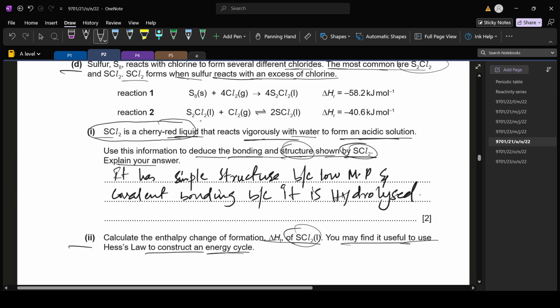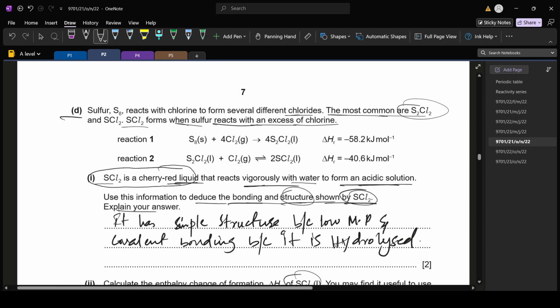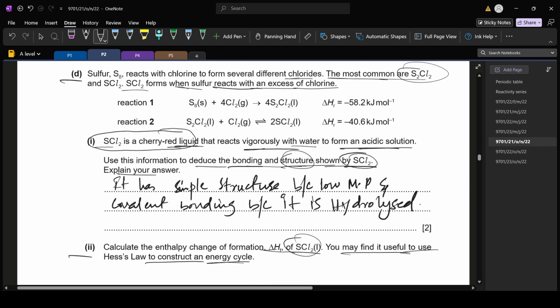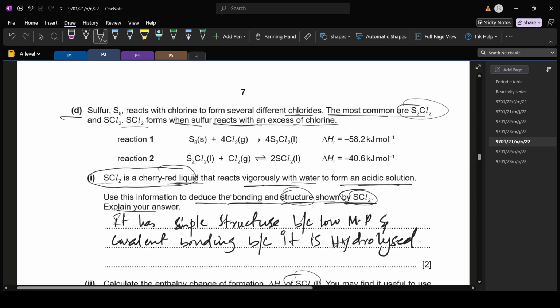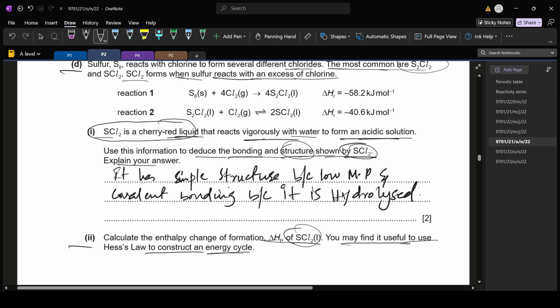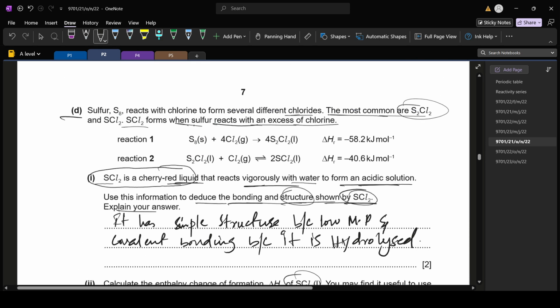The enthalpy change of formation has a definition. It is the enthalpy change when 1 mole of a compound is formed from its elements in standard state. So if you see here, these are the elements, and this Cl2 is formed.